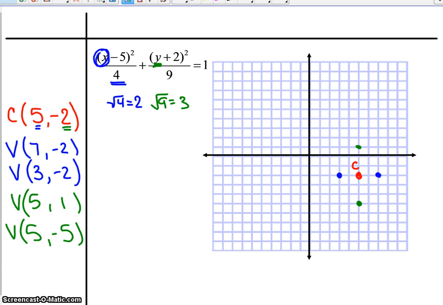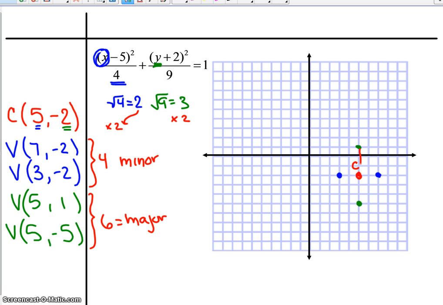So what we want to look at then is the length of this one. Notice we went 2 right, 2 left, so I'm doubling it. It's 4. The length of this one, I went 3 up, 3 down, is 6. So that means the major axis is 6 units long, because that's the longer, and the minor axis is 4 units long.